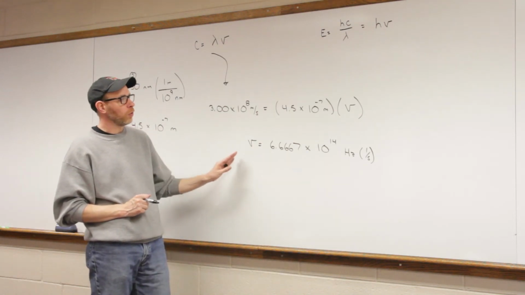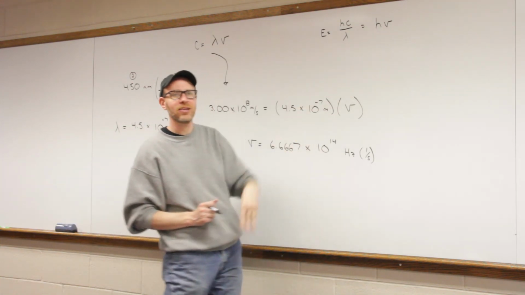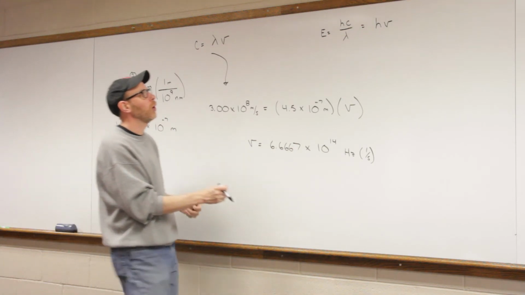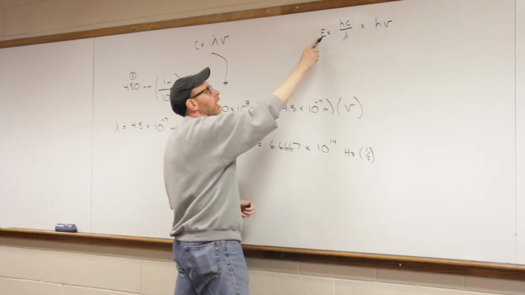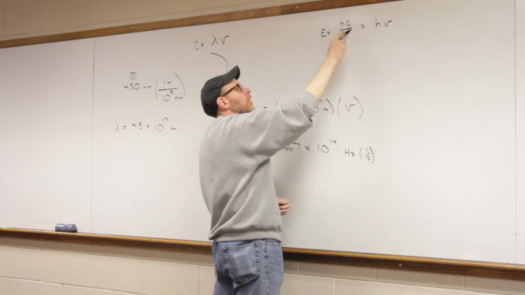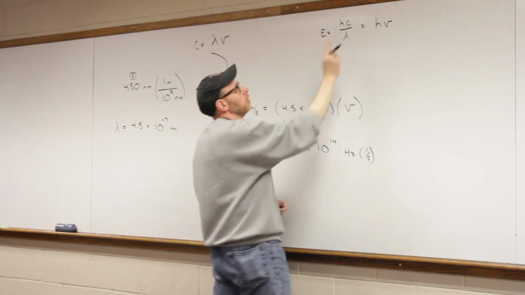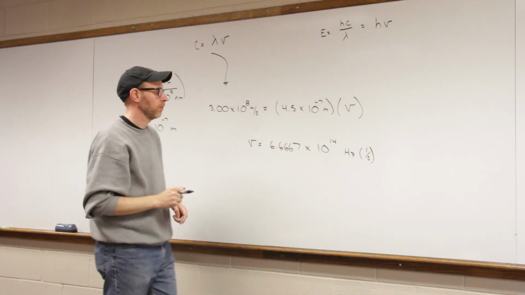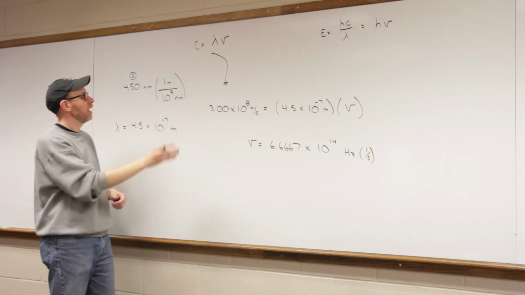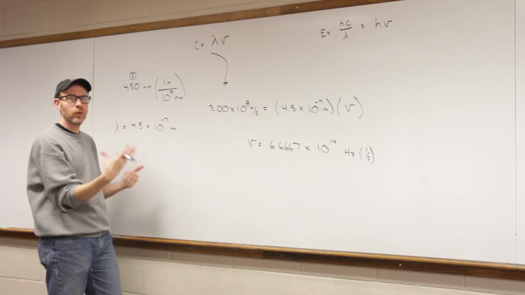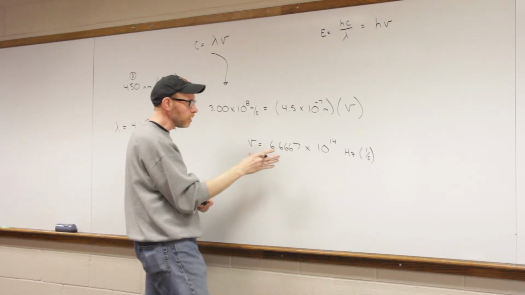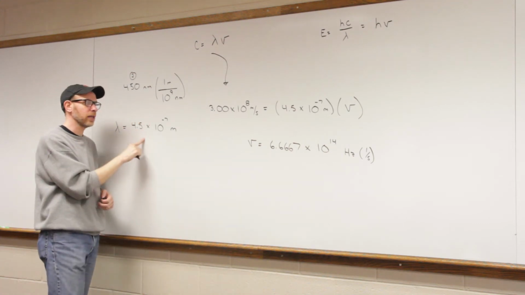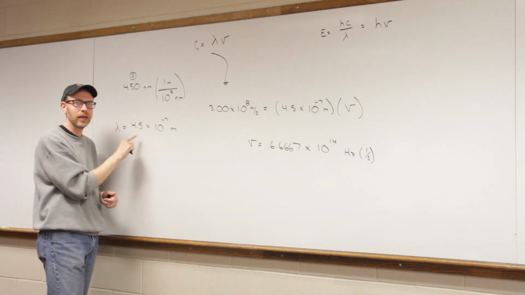Now, going forward, we want to be able to calculate what the energy is using this expression. Before we do that, I want you to think about which of these two expressions we're going to use. Energy is equal to Planck's constant times the speed of light over the wavelength, or it is equal to Planck's constant times the frequency. Which one of these would we choose? Well, we know the frequency and we know the wavelength, so in theory we could choose either one. However, I am going to choose to use the wavelength because that number is given in the problem.